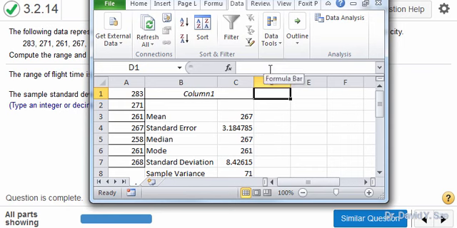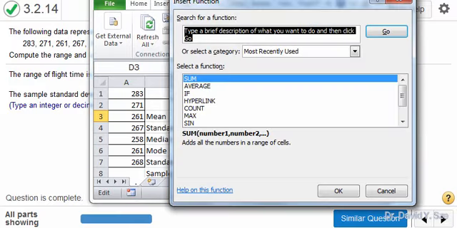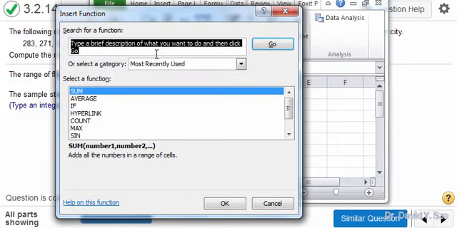Here's a quicker way. Excel also has functions. The function for standard deviation is stdev. That's standard deviation. If you don't remember what it is, you can click on this fx and Excel will give you some help.